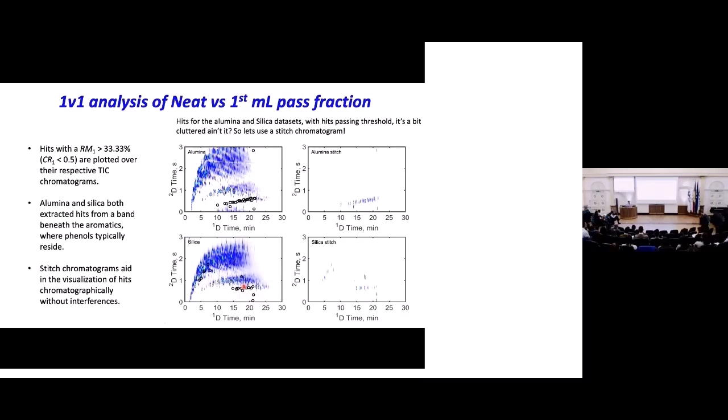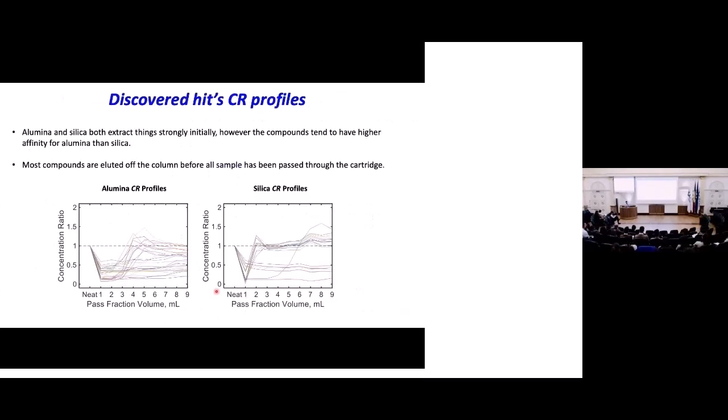In an effort to compare these to each other, we can take all these compounds we discovered and plot their concentration ratio profiles and get an overall view of how the extracted compounds behave with both alumina and silica.